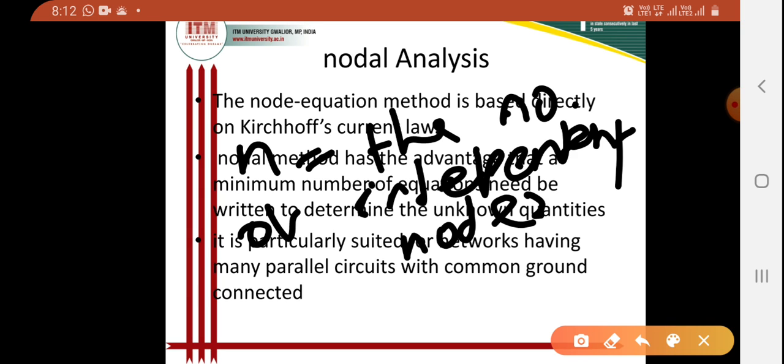And what is a node? Already you know, a node is the junction of the branches, the meeting point of the branches. These node equations are written according to Kirchhoff's current law.